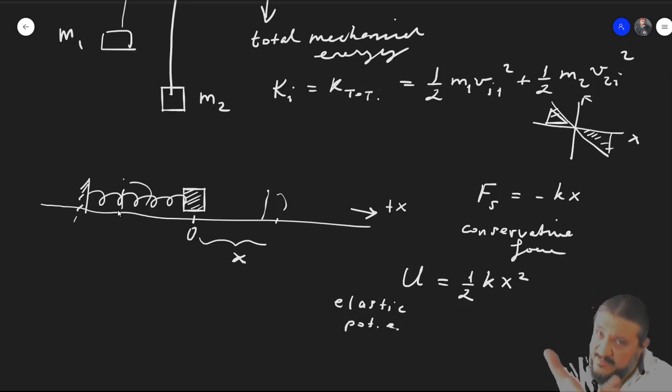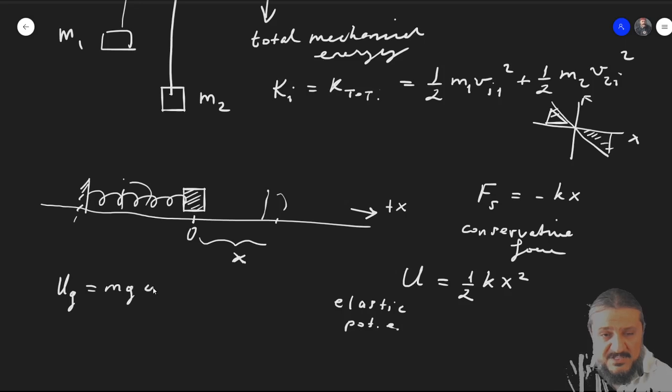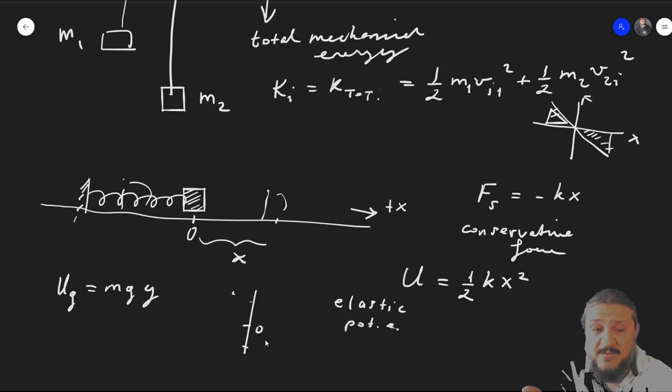Whereas the gravitational potential energy, which I'm going to call UG from now on, mgy, depends on your y coordinate. If you're above the origin that you picked, your y's are positive, but if you're below that point, your y's will be negative. So the gravitational potential energy can be negative. It's arbitrary. It just depends on where you pick your origin.